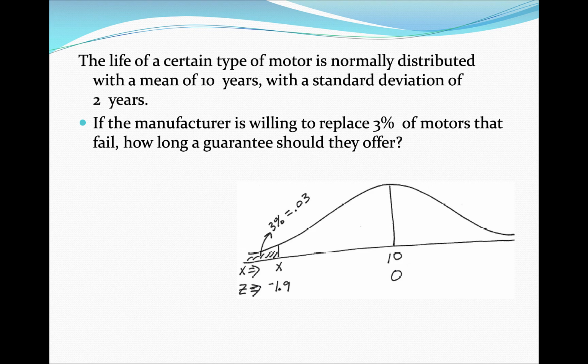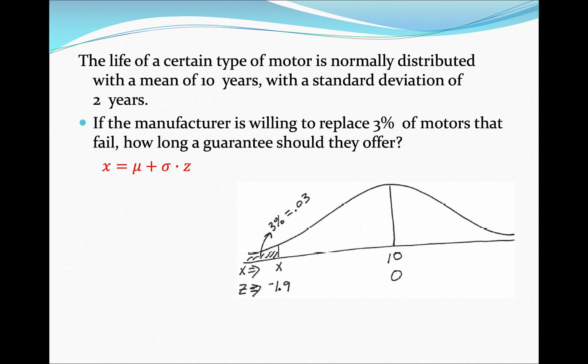And then once you get the z value, it's not hard. You do want to use this formula. This is nothing more than just the z formula already solved for x. But I recommend that you have this formula to use rather than have to use the z formula and then solve for x. So we know everything in this formula except for x. We know the mean is 10.